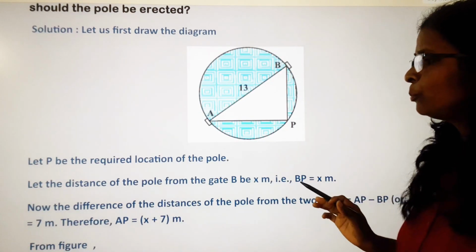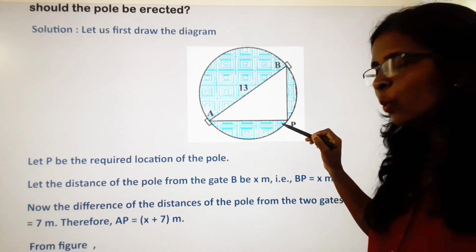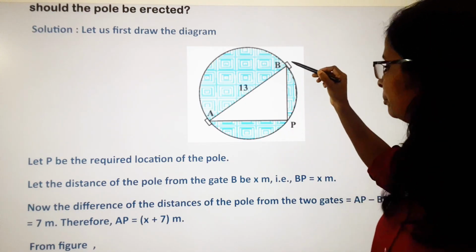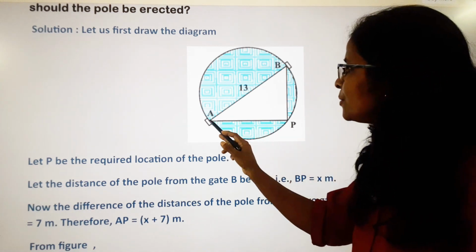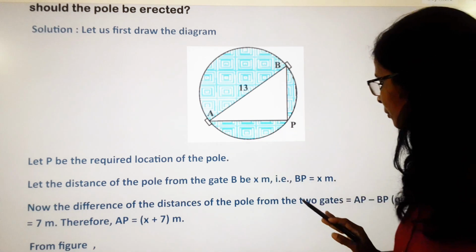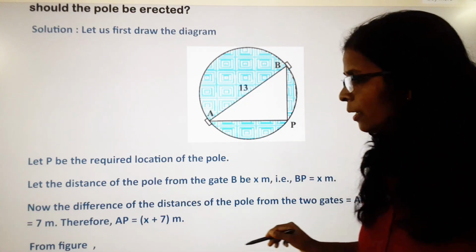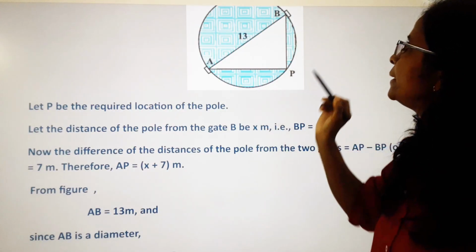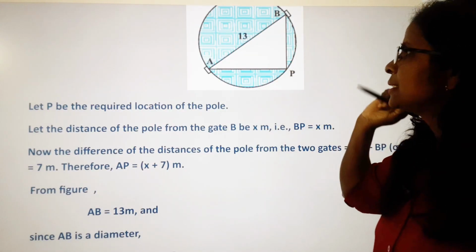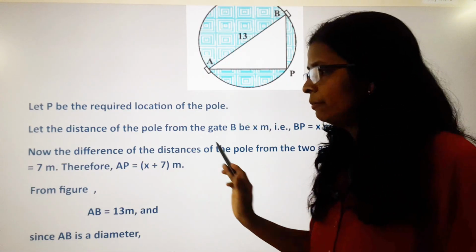The distance of the pole from the gate B we consider as x, and then the distance from A to the pole will be x plus 7 meters. See carefully that AB is equal to 13, we consider BP as x meters and AP will be x plus 7 meters.